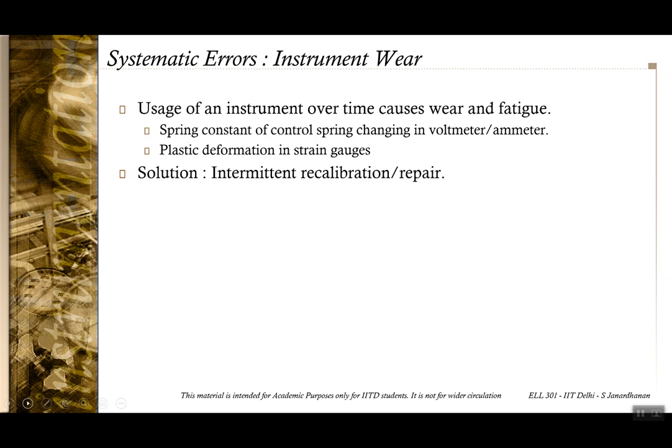In the case of strain gauges, there can be plastic or permanent deformation, and thus a permanent change in the no-load resistance of the strain gauges. The obvious solution is intermittent recalibration or repair of the instrument so that it can be brought back to proper use.